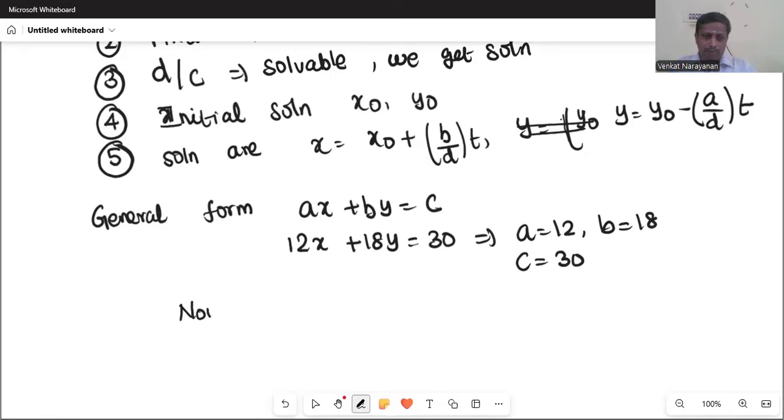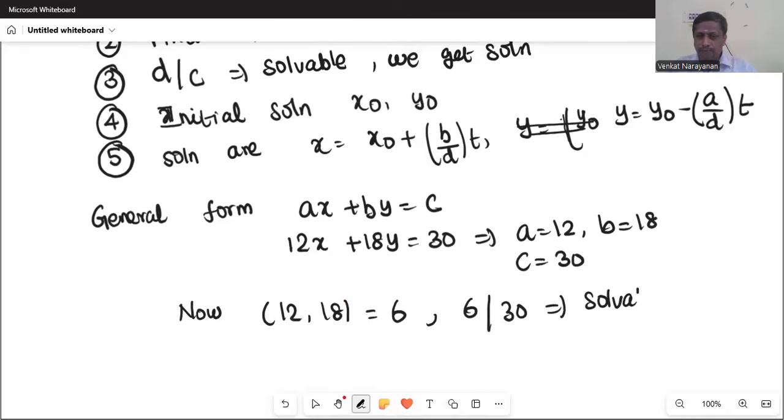The GCD of 12 and 18, which we already found, is 6, and 6 divides 30. Therefore, it is solvable. So we have a solution for the above problem.